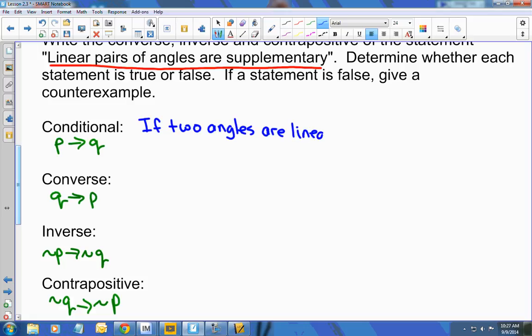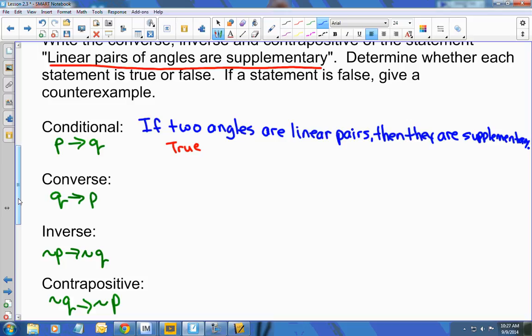Is that true or false? That's true. If two angles are linear pairs, then they are supplementary.